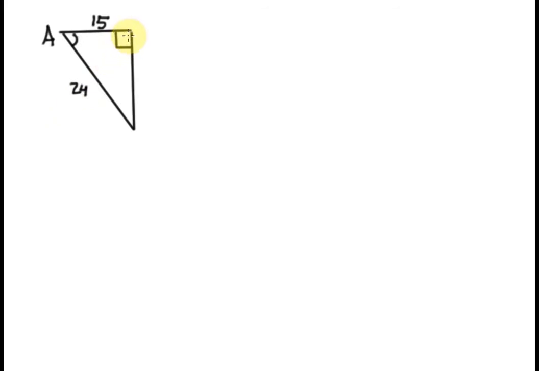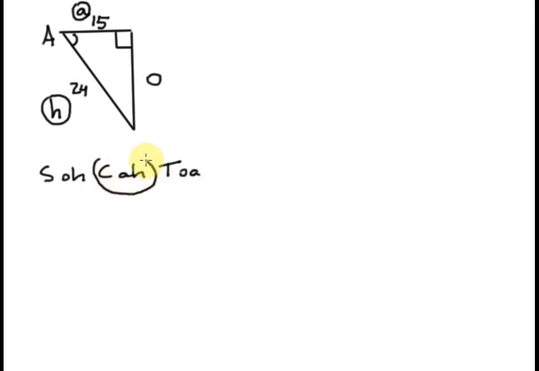So across from the right angle, this would be the hypotenuse. Across from the angle, this would be the opposite, which means this last side is the adjacent side. So when I look at it, I can see I know the hypotenuse and I know the adjacent. So if I go to SOHCAHTOA, I'm looking for the trig ratio that uses hypotenuse and adjacent, and in fact, I just wrote it. It's cosine.